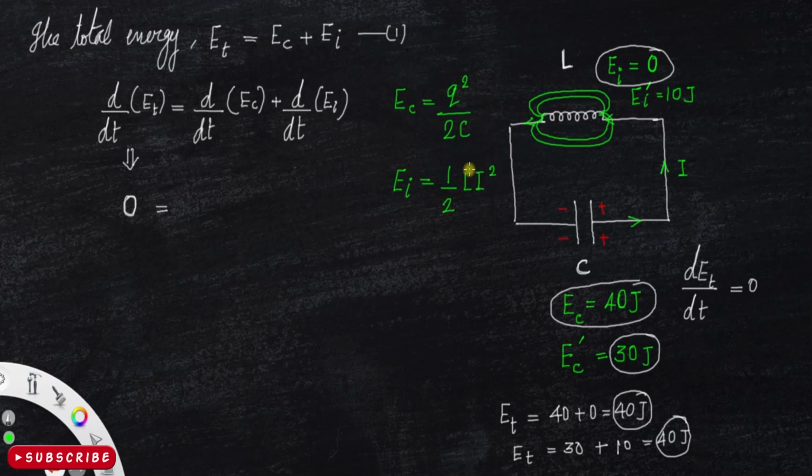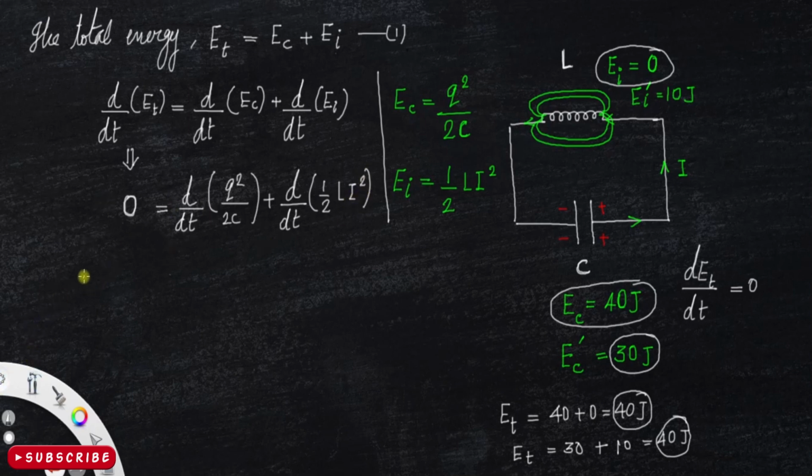Here I is the current, here Q is the charge. Clear? And I can apply the values of EC and EI in here, so that it will be d by dt of Q square by 2C plus d by dt of half Li square.